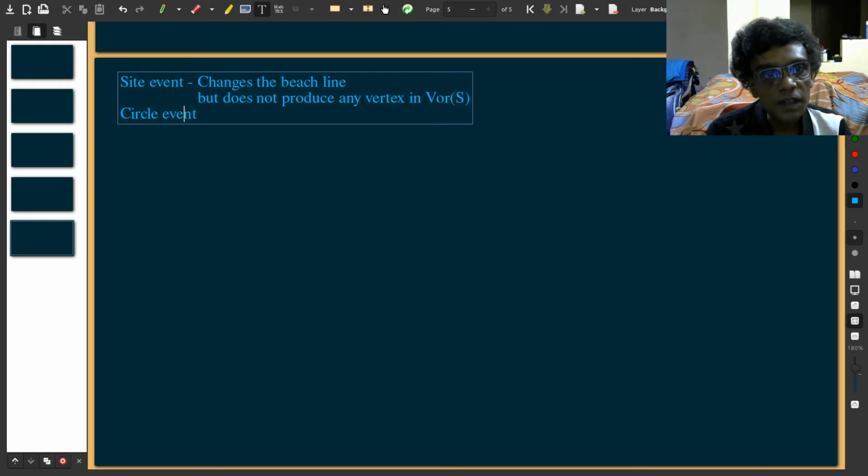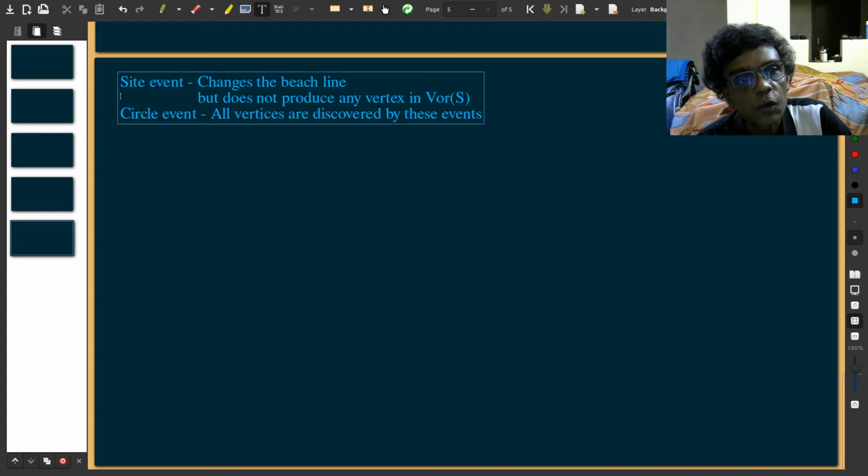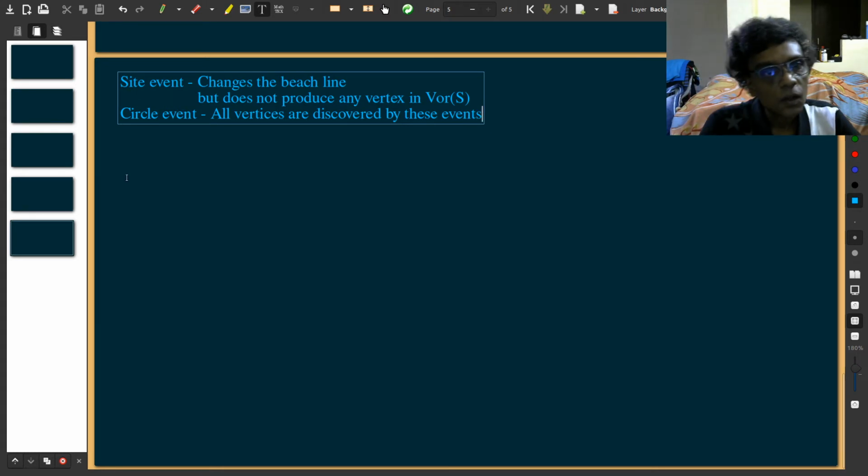All vertices are discovered by circle events. Nevertheless, since the beach line is important, I have to handle site events in addition to circle events.